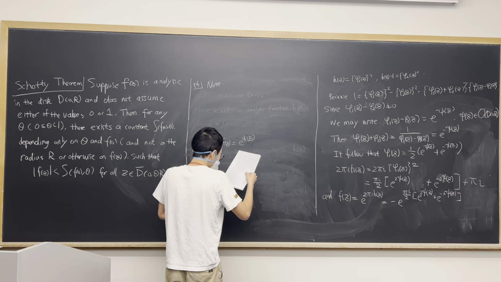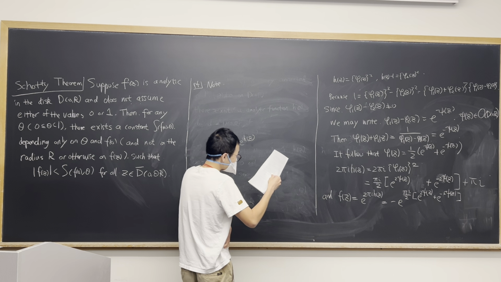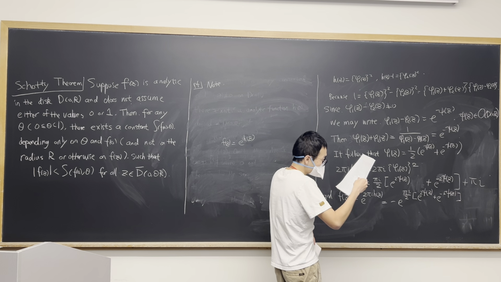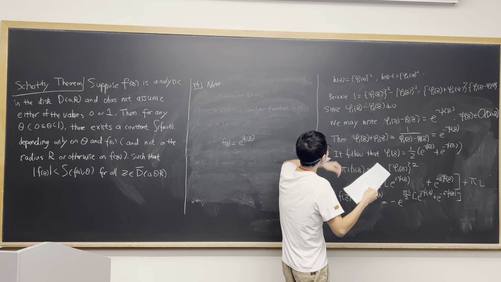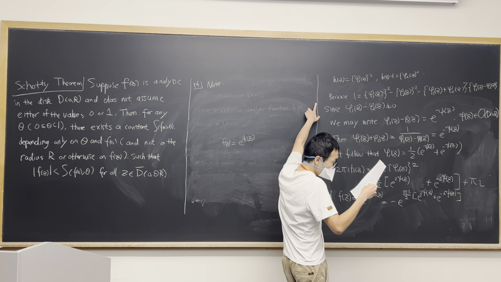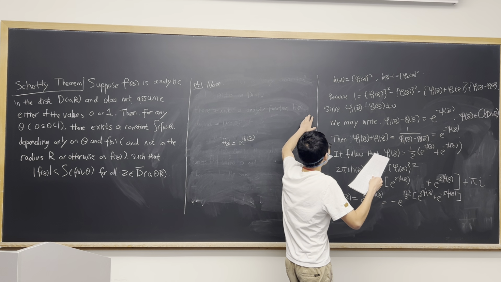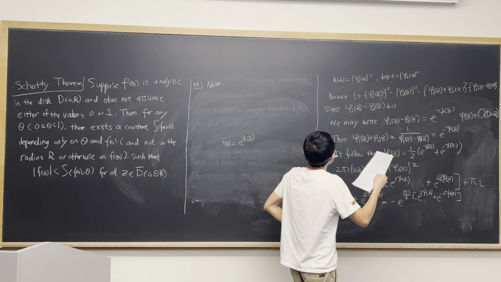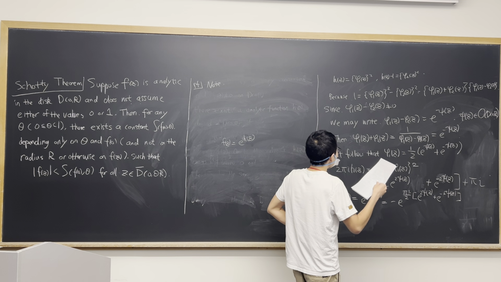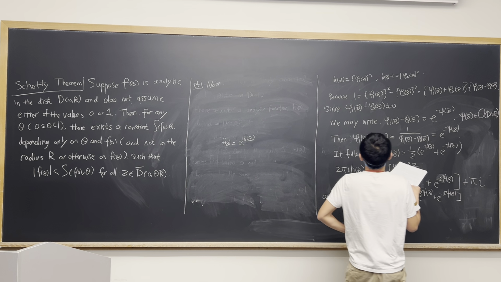Similarly for this phi 1(z) and phi 2(z), they are also determined by this h of 0, up to a plus or minus sign.